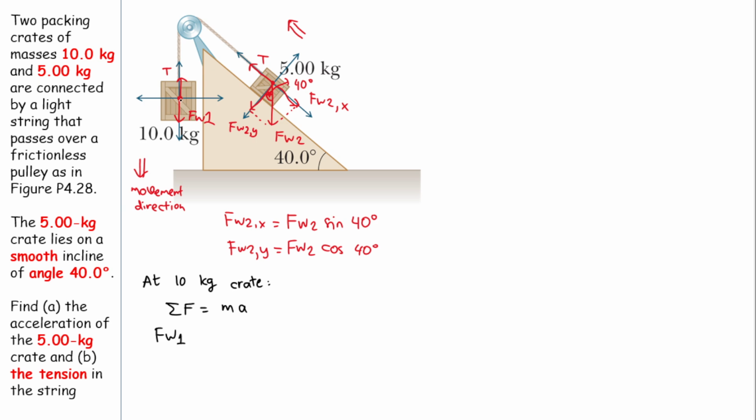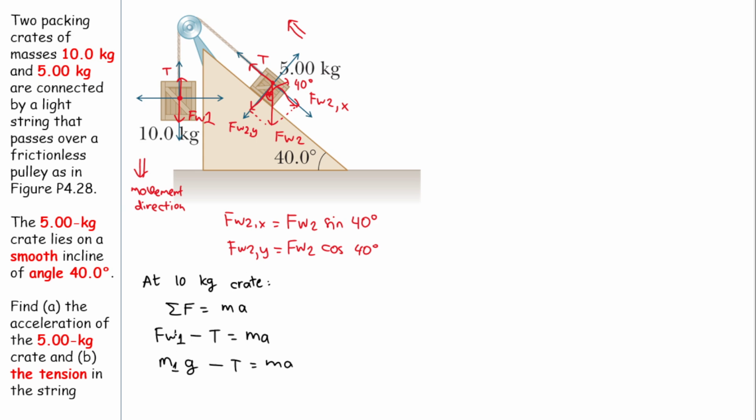But then we also have this rope here pulling it up with its tension. So I have minus T. And remember, this one is positive because the movement direction is here, right? So we will have the mass times acceleration here. But the weight of this one is mass of crate 1 times gravity, and then minus T, and that will equal the mass times acceleration.